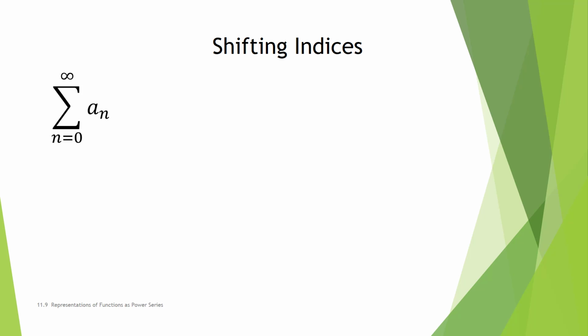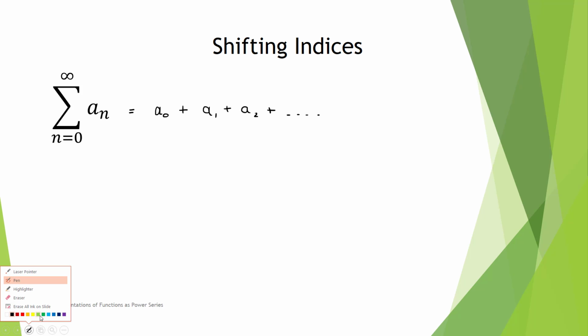Hello calculus students. In this video I want to just go over the idea of shifting indices on an infinite series. So we know that a series, which is the sum from n equals 0 to infinity of a sub n, means that we get a sub 0 and we add a sub 1 and we add a sub 2 and so on.